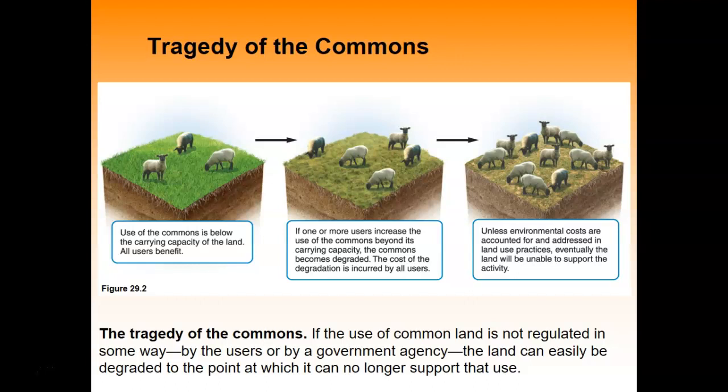Well, now you with your 2 sheep will want to also put more sheep on that pasture, right? Because if farmer B can put that many on there, why can't I? Well, if we don't maintain how many animals we can put on that pasture, we are going to overgraze that pasture and eventually lead to this collapse. That collapse of that resource is known as the tragedy of the commons. Okay.